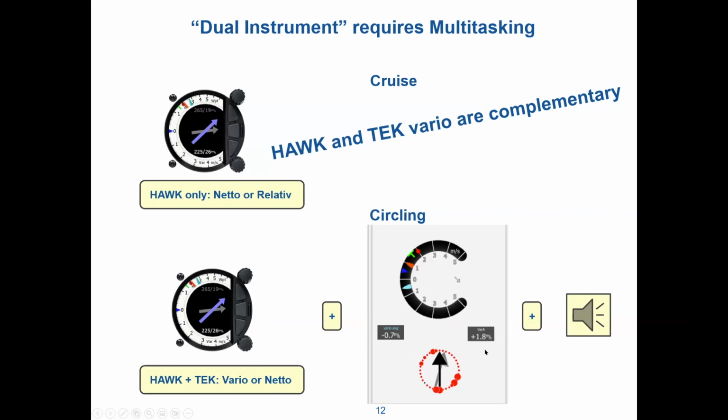That's one often found approach. The climb rate of the TechVario and the Hawk Vario, you can compare. You also have your personal adjustments to the audio. What I want to say by this slide is there's no simple rule where one size fits all. Different pilots, different attitude. So this is what we propose.